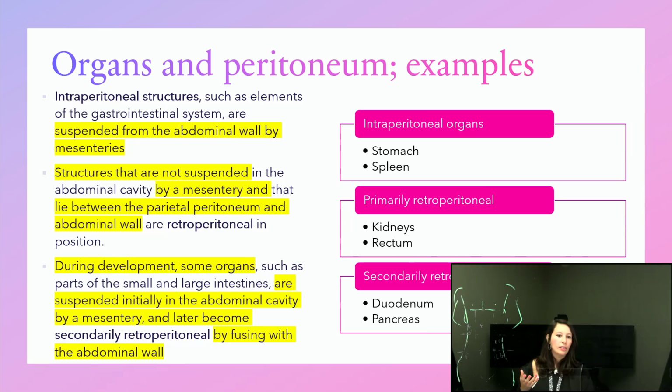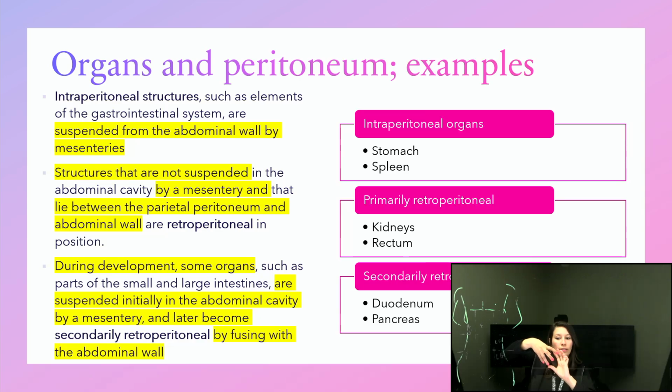are suspended initially by the abdominal cavity and by the mesentery, and later become secondarily retroperitoneal by fusing with the abdominal wall, because it has to do with the way in which they are rotating as we are forming inside our mother's womb.